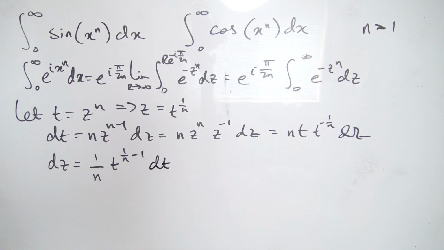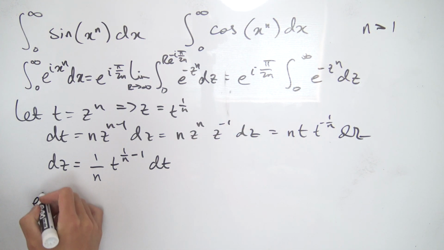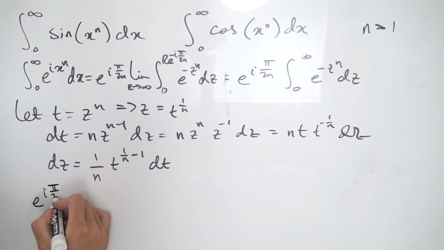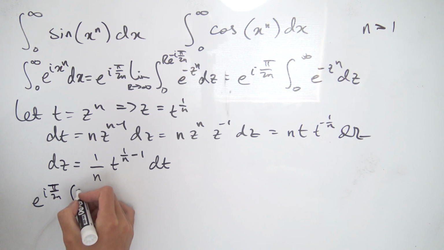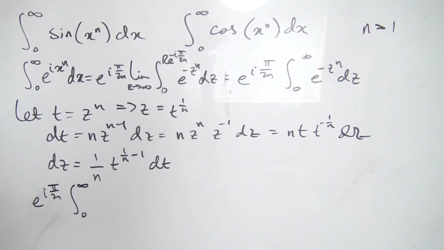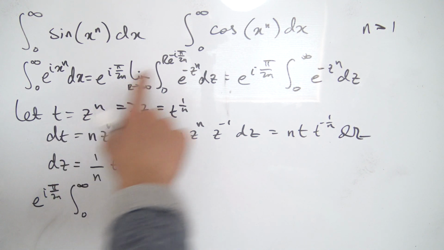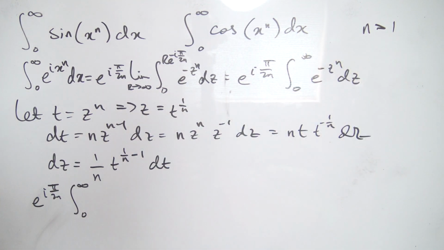So if we plug all of that in, we still have this extra factor up the front, so e to the i pi over 2n times the integral from 0 to infinity. Notice n is greater than 1, so it's positive, so if we plug 0 in, it's 0, if we plug infinity in, it's infinity.